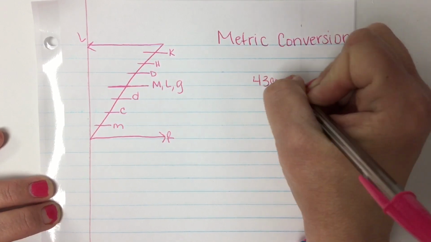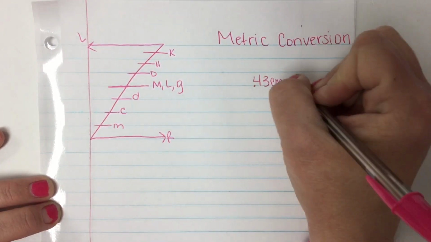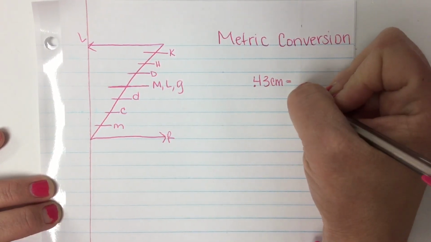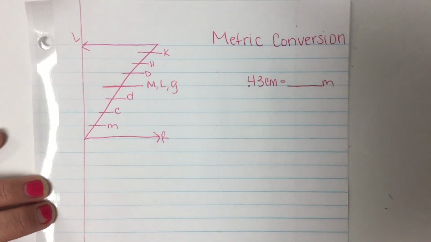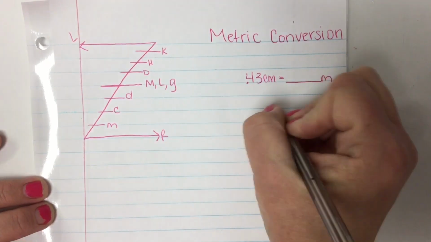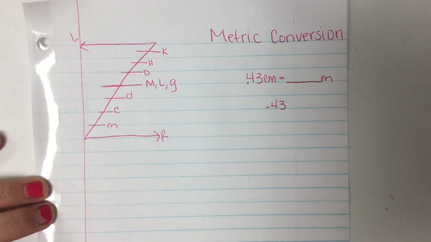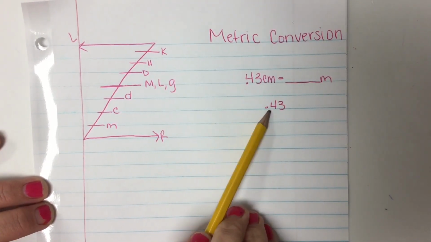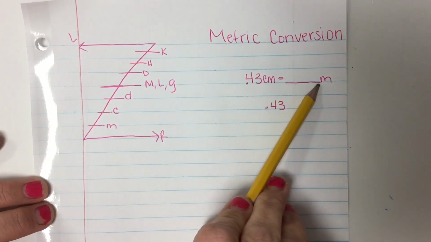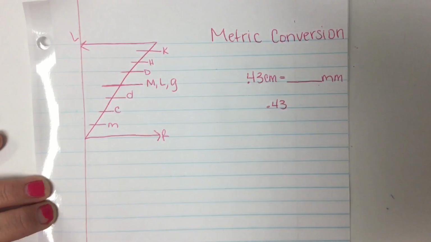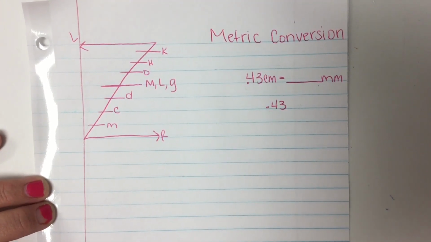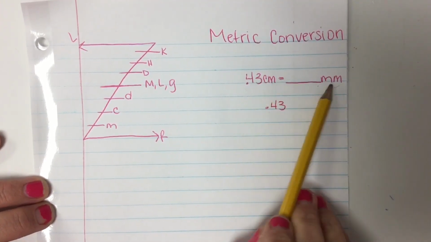Let's do 4,300 centimeters equals how many millimeters? I'm going to rewrite my number. We're going centimeters to millimeters, so cm to mm.